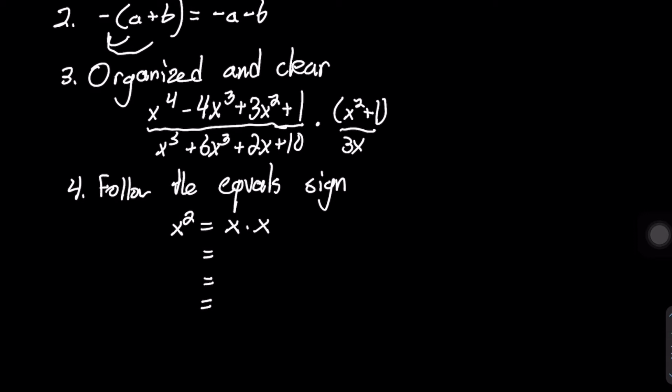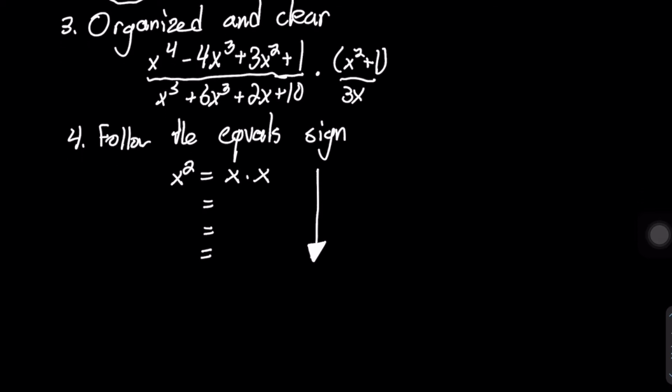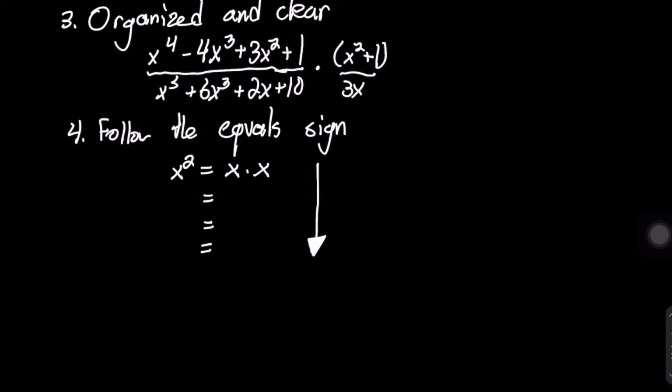Obviously, this is a very simple proof, but if you have something very complicated, it's really easy to organize your work by just following this equal sign downwards and trying to get to the end of the proof like that. And it helps, going back to point 3, keeping your work organized and clear.